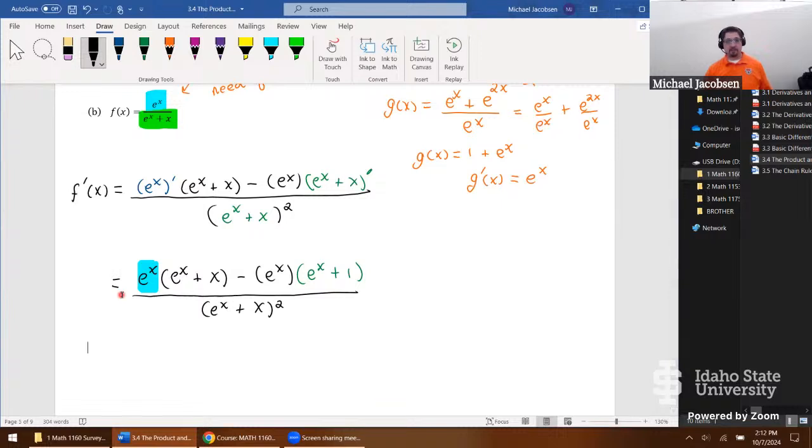Okay, now for the simplification part, first thing we want to do is distribute e to the x into the group. And this always looks a little bit weird at first. When you take e to the x times e to the x, much like when we took e to the 2x divided by e to the x, there's an exponent law where we just subtracted the x's.